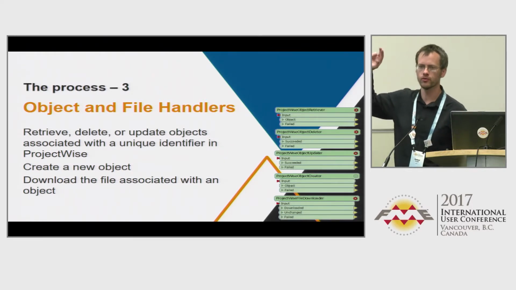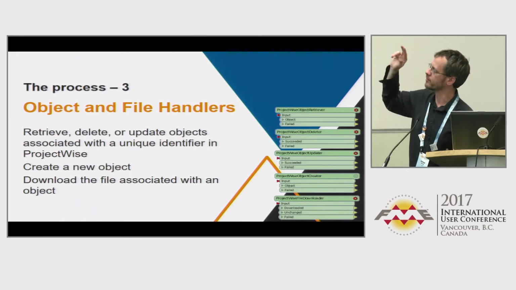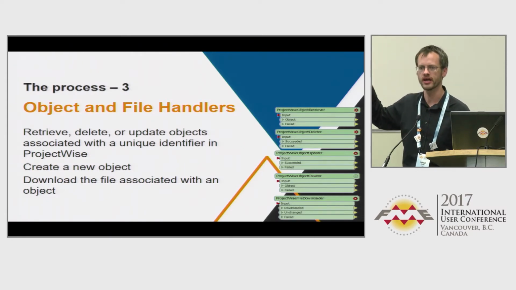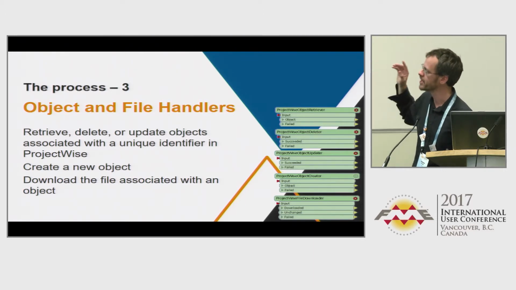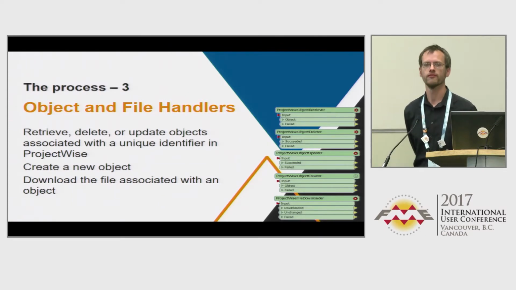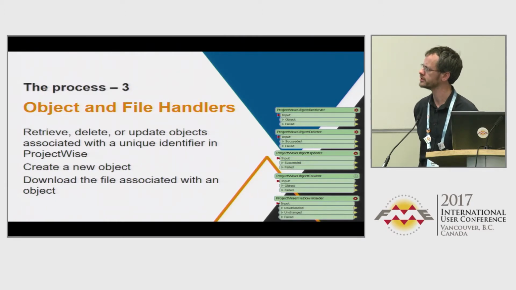One that enables you to retrieve an object, one that enables you to delete it, one that enables you to update it, and one that enables you to create it. So all of those let you do things like rename a folder, rename a file, download file information, that kind of thing. And then the ProjectWise file downloader we set up actually pulls the file itself if you've got one attached to your object in ProjectWise.